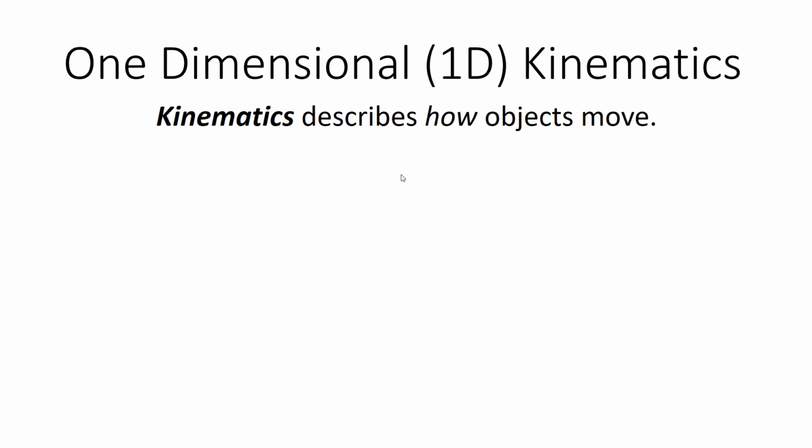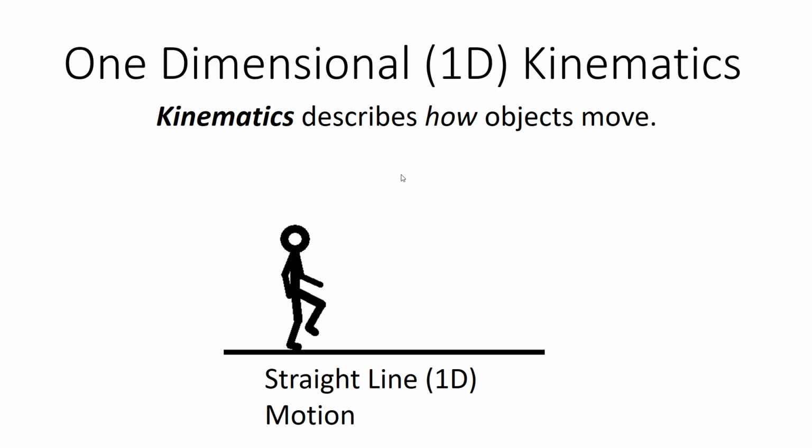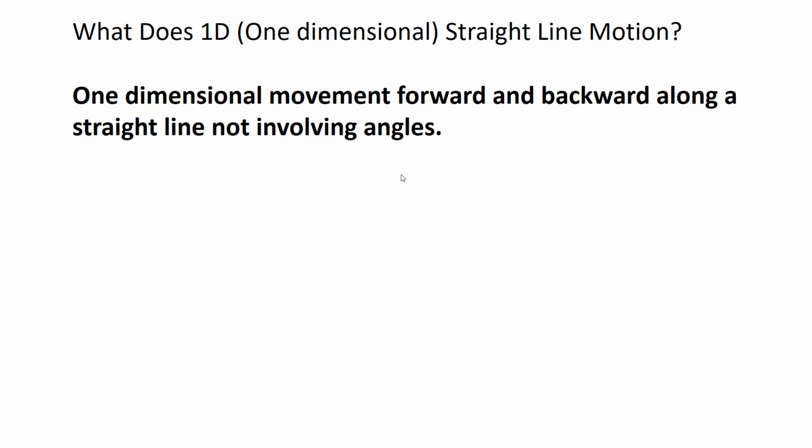So kinematics, once again, is how objects move. This guy right here is moving in a straight line, one-dimensional, pretty much straight. A little bit more about what one-dimensional means, and how we're going to deal with some of the things mathematically. When we're talking about one dimension, we're going to talk about problems where the person's moving up, down, or maybe a little bit of both, but they're just moving along that one plane.